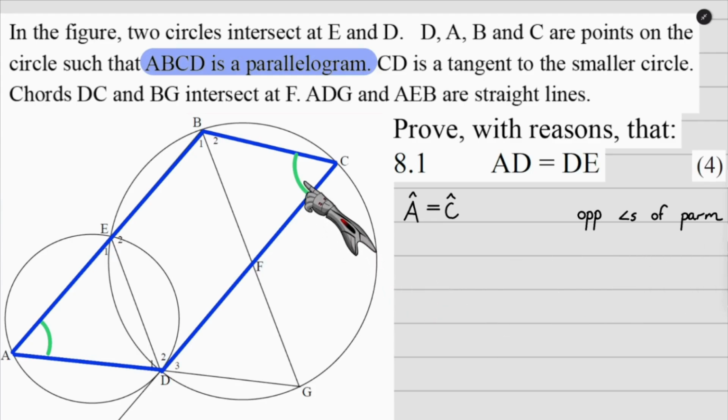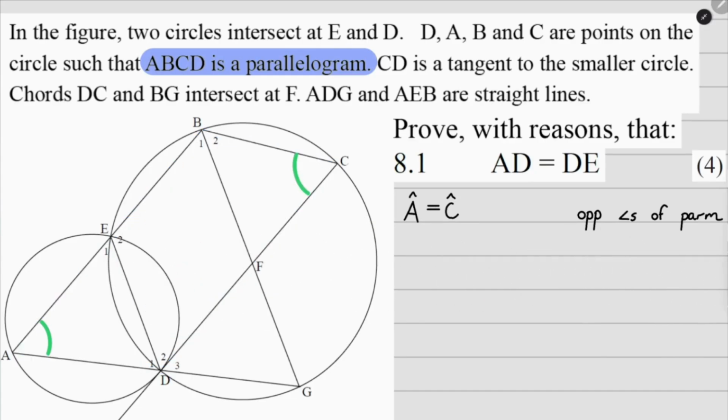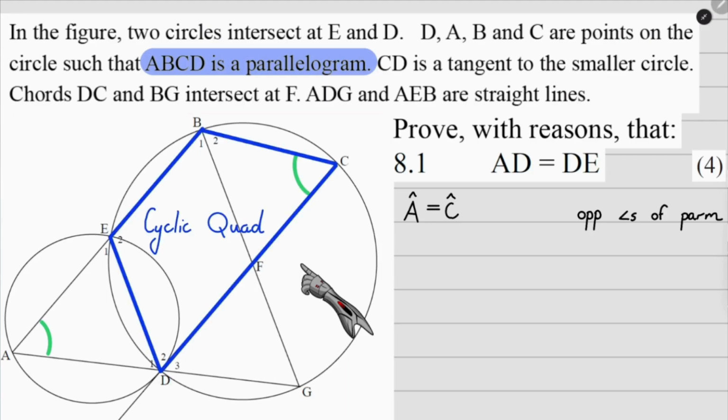Now I'm going to see what I can do with this green angle. See if I can relate it to E1 somehow. Okay, and then what I'm noticing is that C is sitting inside of a cyclic quad. Yes, would you look at that? So if I just extend this line EB a little, then I can see that E1 is an exterior angle of that cyclic quad.